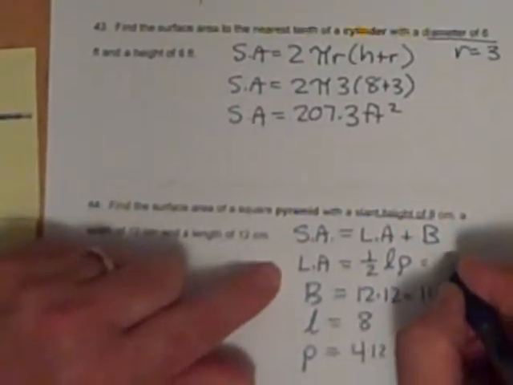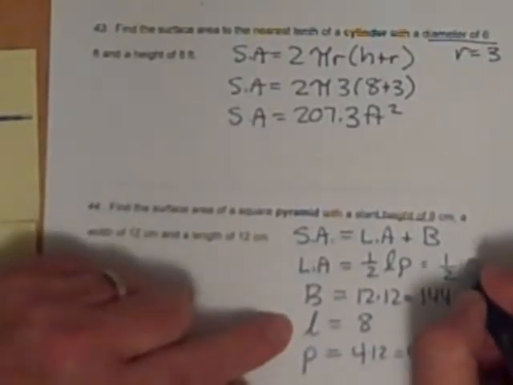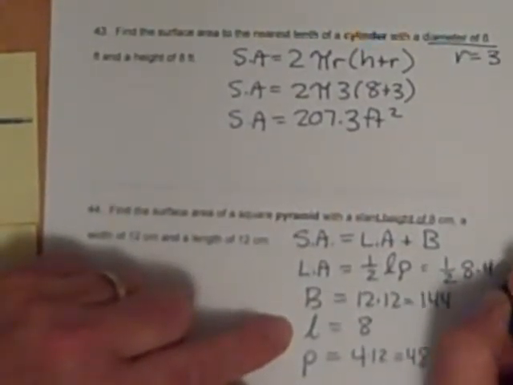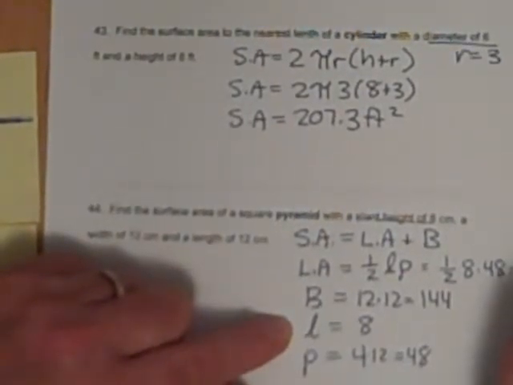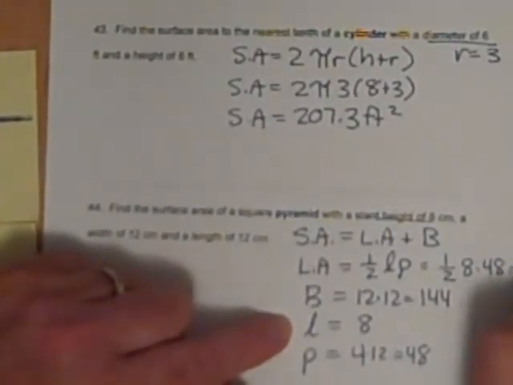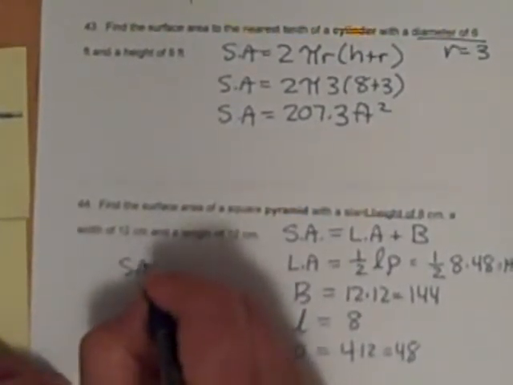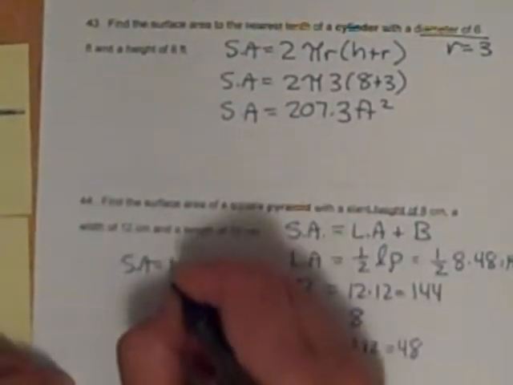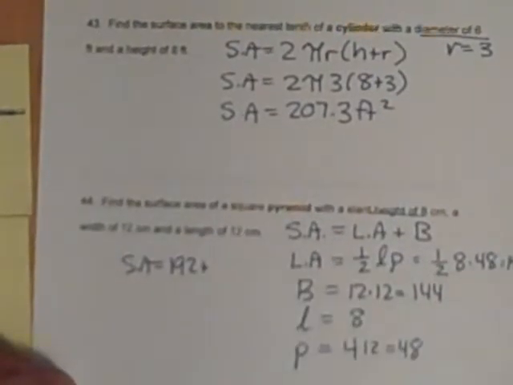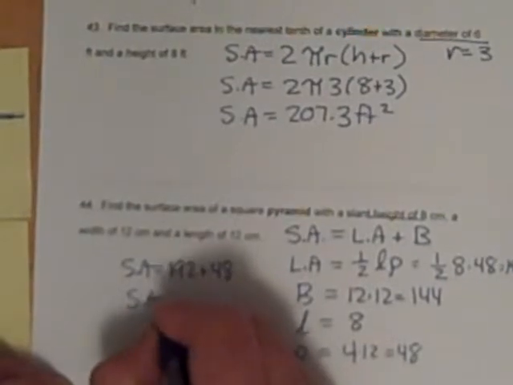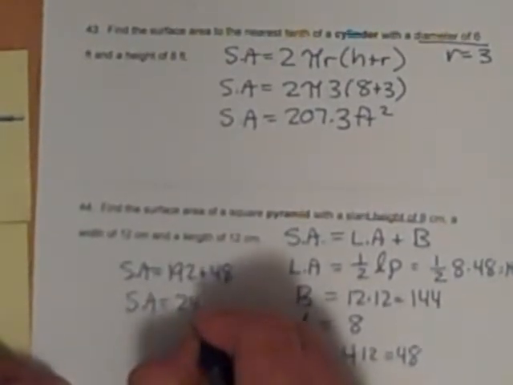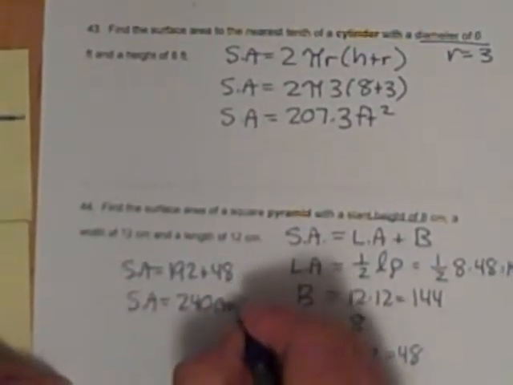Lateral area is 1/2 times 8 times 48, which equals 192. So going back over here, surface area equals the lateral area, which is 192, plus the area of the base, which is 48. Surface area equals 240 centimeters squared.